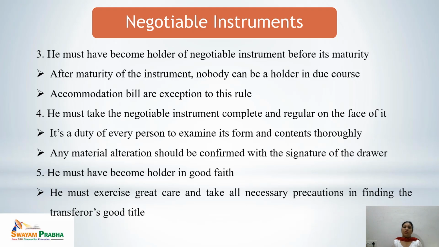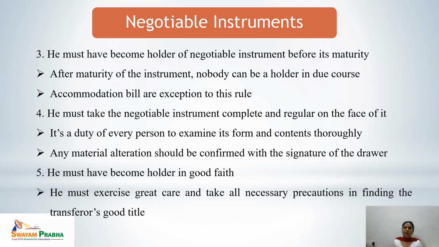When a negotiable instrument is being transferred or endorsed to another person, it becomes the duty of the holder in due course to examine whether the form is complete and all the contents of the negotiable instrument are thoroughly complete on its face or not.